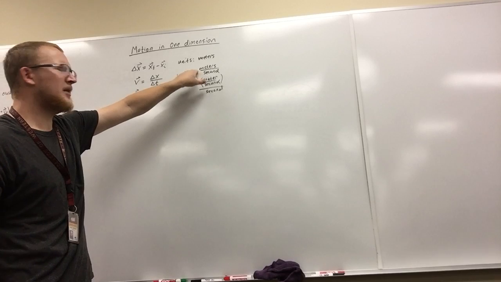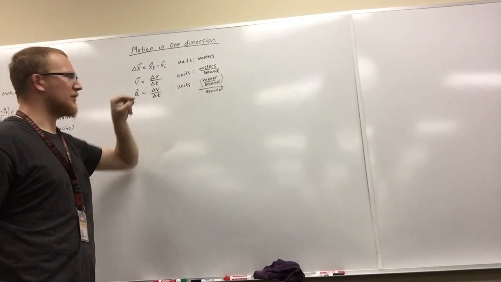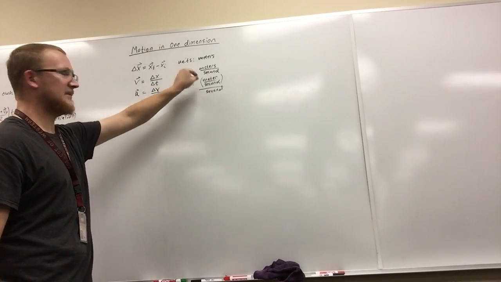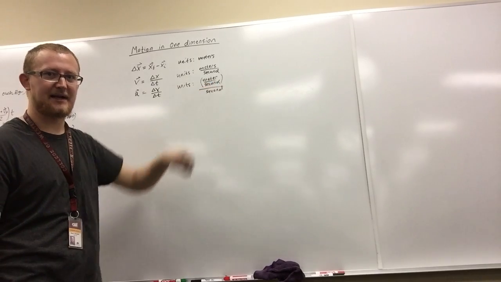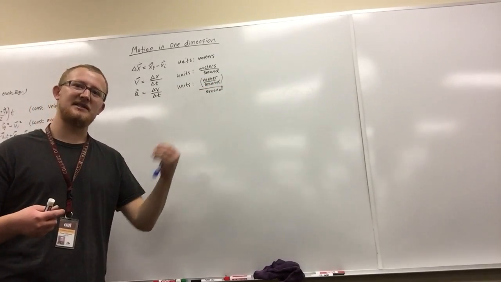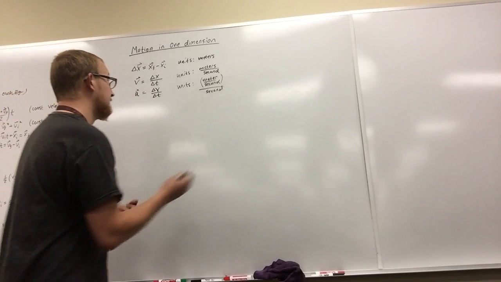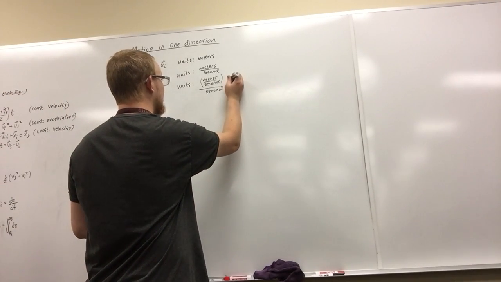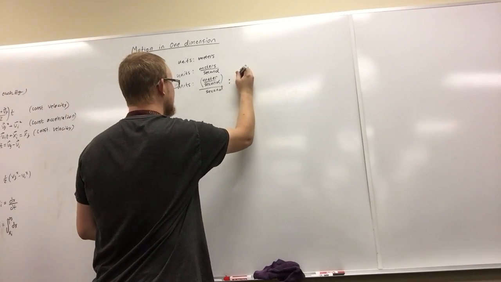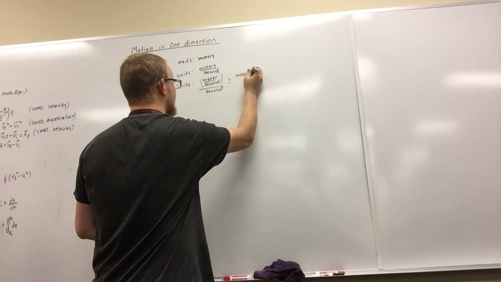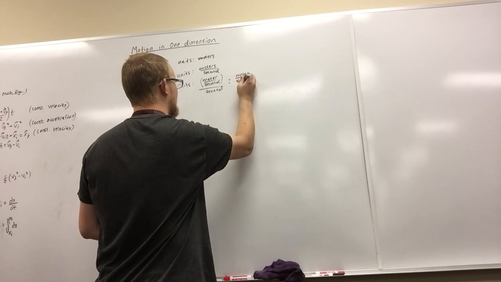Then we wanted to see how many meters are we getting per second. Well, now we're interested in how many meters per second we're getting per second, right? So that's how much our velocity is changing per second, delta V over delta T. And typically, we'll write this as meters per second squared.